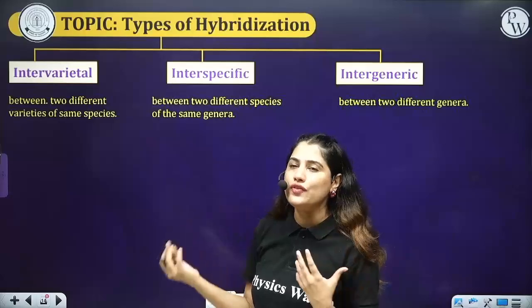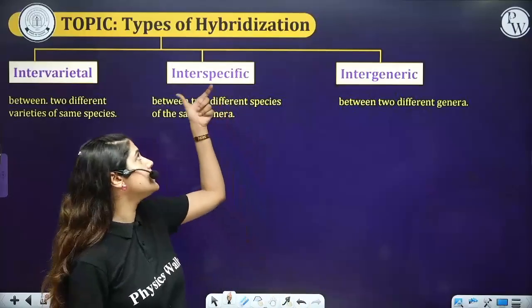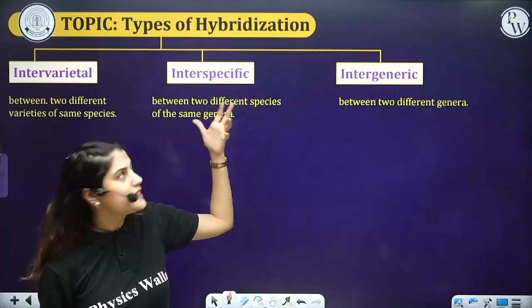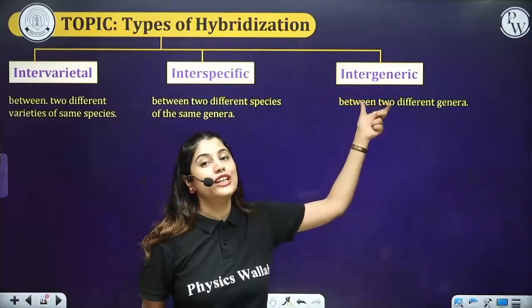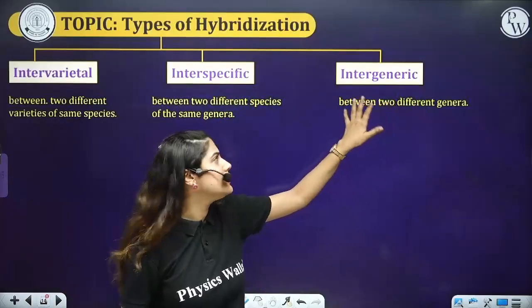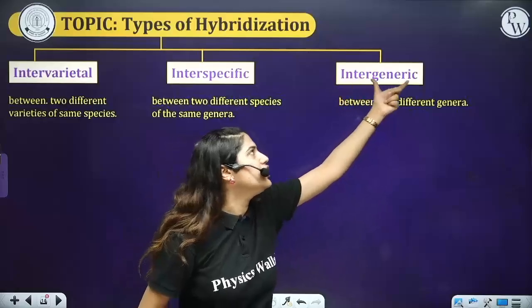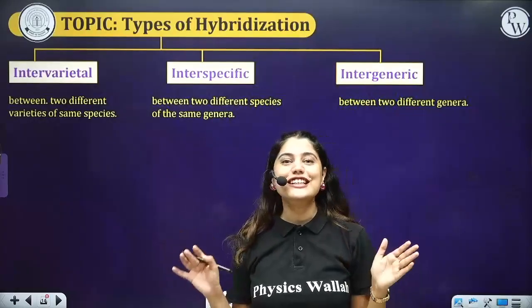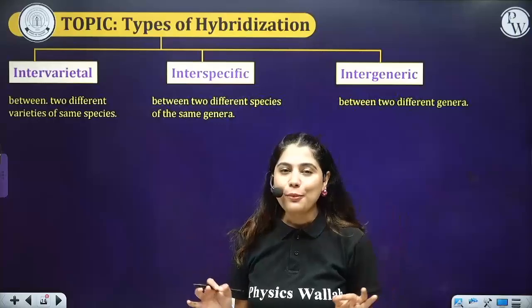Inter means between, right? Once the cross is between two species, we call it interspecific, and lastly, if it is between two genera, we call it intergeneric. So these were the types of hybridization.